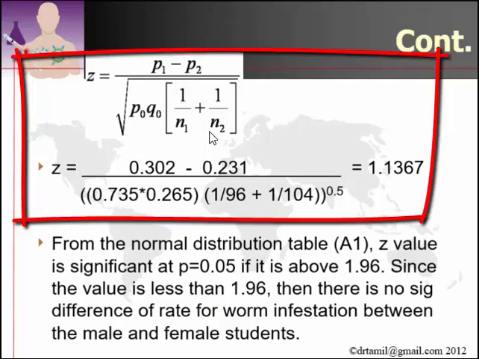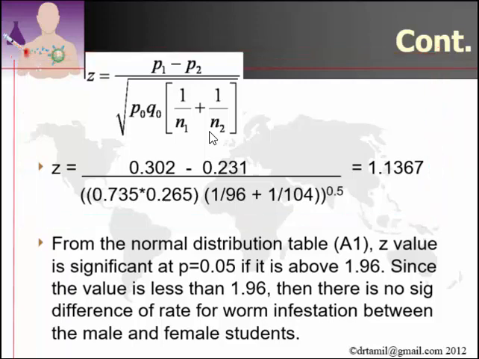P1 minus P2, 30.2 minus 23.1, divided by PO times QO, which is 0.735 times 0.265, times 1 over N1 plus 1 over N2. Then you take the square root. You get the value of 1.1367.